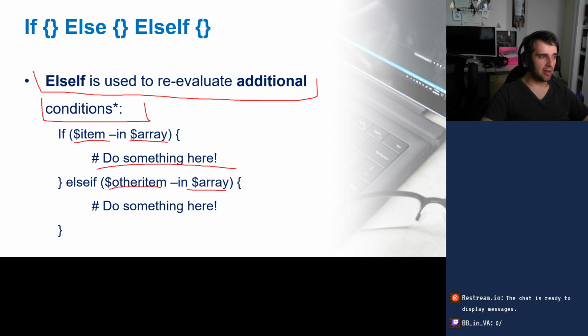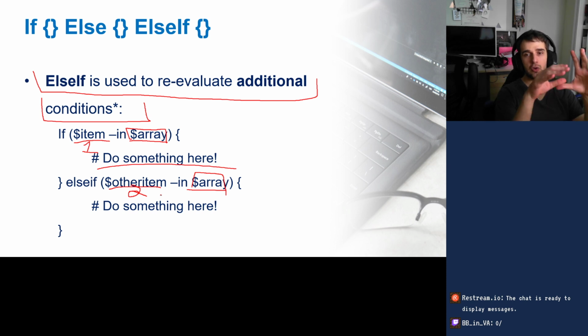Notice this is still the same array. So think of it as you've got number 1, do something here, you've got number 2, do something here. Essentially you have two separate pieces of logic that do completely separate things, but you need to be able to test for either a 1 or a 2.